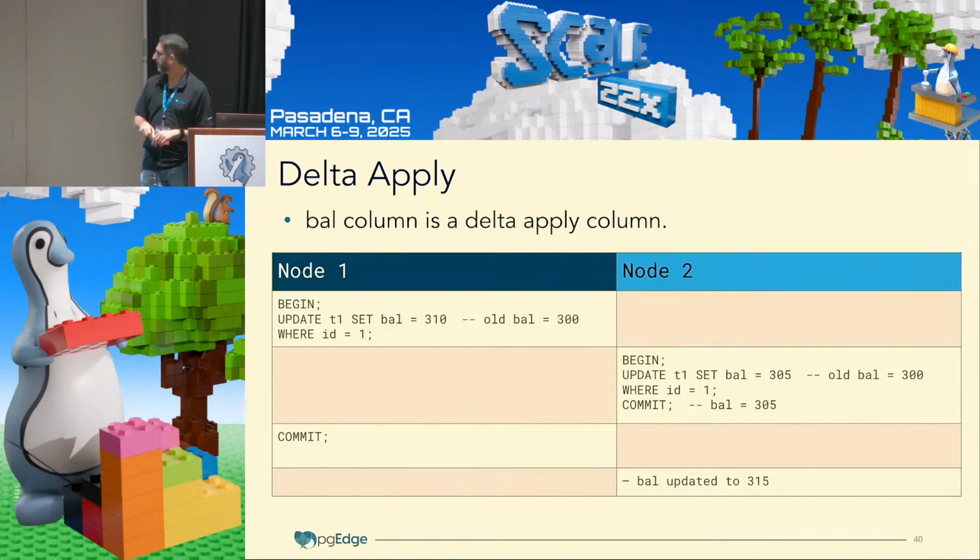On node 2, we're adding 5. So the new value is 305. But as that transaction gets replicated, node 2 also has the same value, and node 1 will get the same value with the transaction going back to node 1. So both node 1 and node 2 will end up with 315. There is no conflict. It's a conflict-free replicated data type.